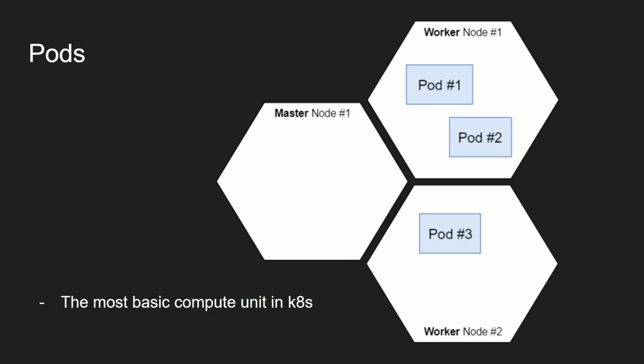It's also the most basic compute unit which we can manage, because you cannot deploy just a container into a Kubernetes cluster. You always have to deploy the pod, the whole pod, which is this abstraction.